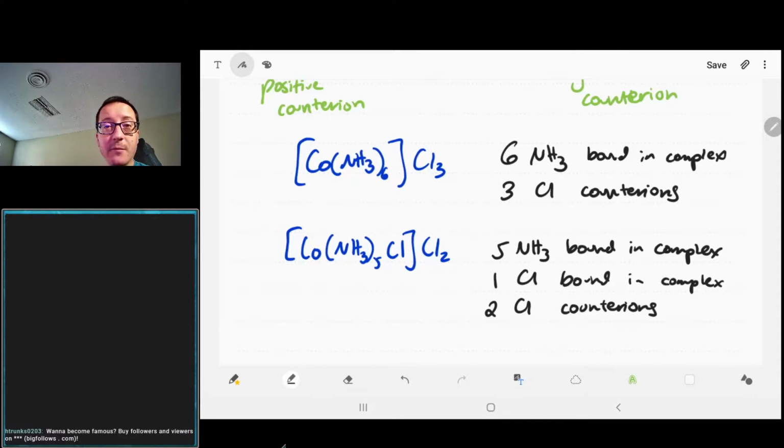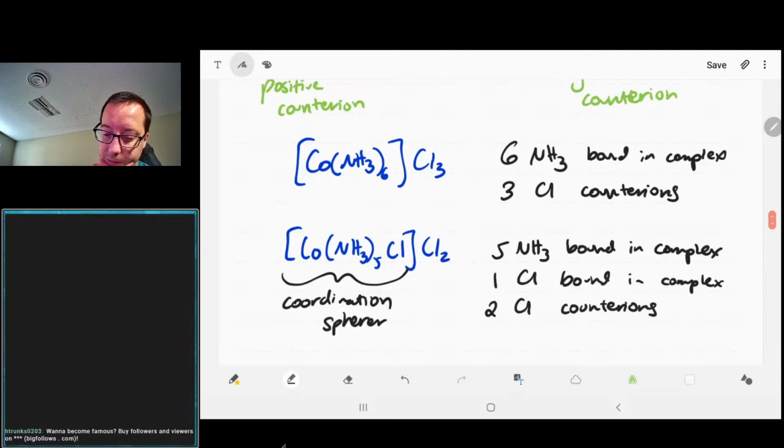We have another name for this stuff, by the way. This is called the coordination sphere. The coordination sphere is going to be everything that's stuck onto your central metal ion, including the metal ion. So that's going to be everything that's there. Counter ions are not part of your coordination sphere.